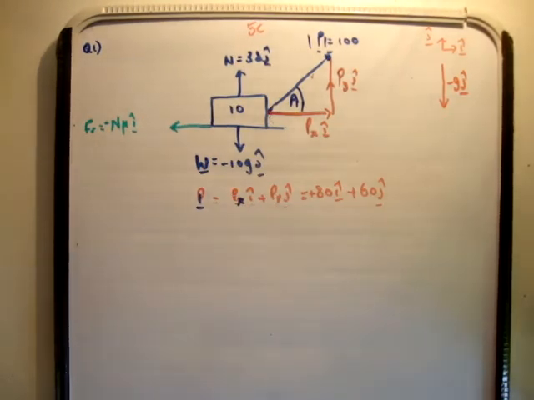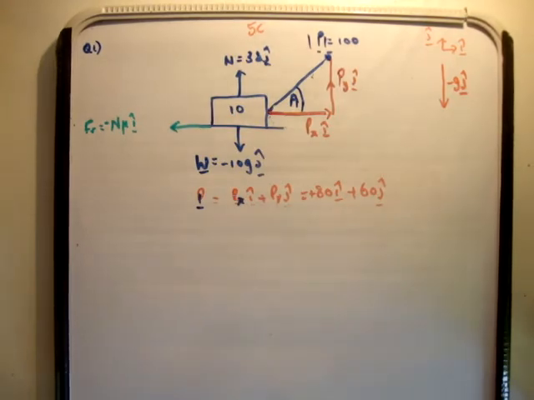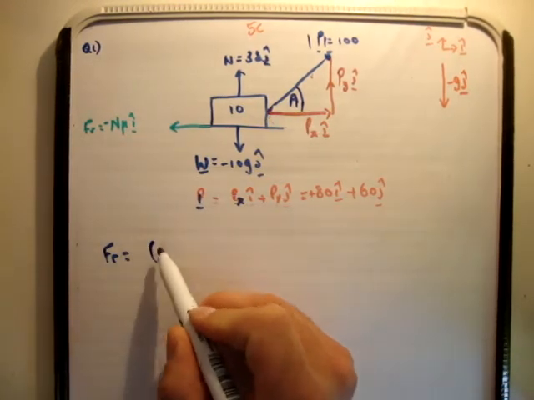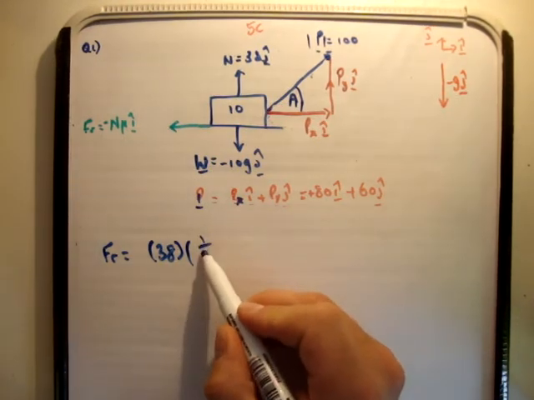So let's go ahead and work that out. The normal force we worked out as being 38 units. And that won't change, because just because we've added friction, which is just in the i hat unit vector direction, it's not going to affect the normal force. So we can say that the frictional force is equal to 38 units times the coefficient of friction, which we're given as a half.